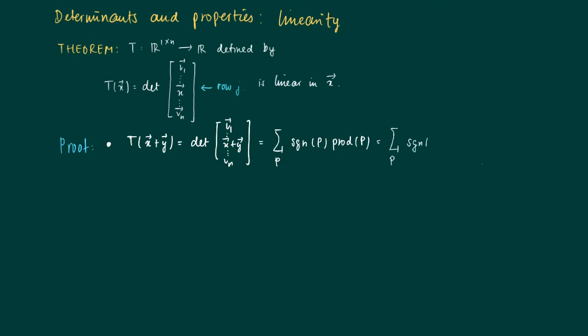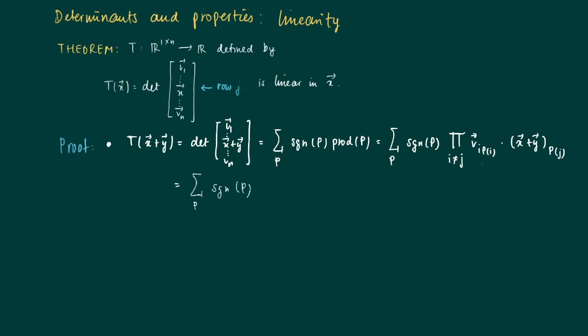So this is no more than the sign of p, and now we're going to write more explicitly what it actually is in the product. So if I take i unequal to j, then I'm summing over the ith row vector, and I choose element p_i, times what I pick from the jth row, which is actually p_j, so (x plus y) at p_j.